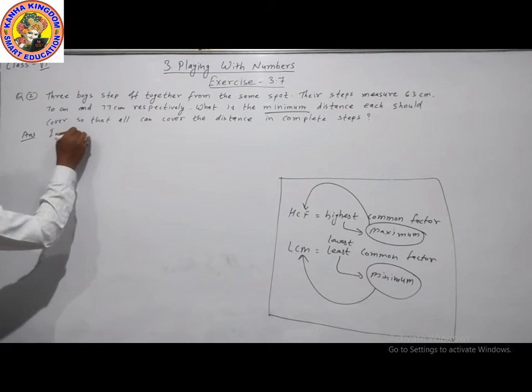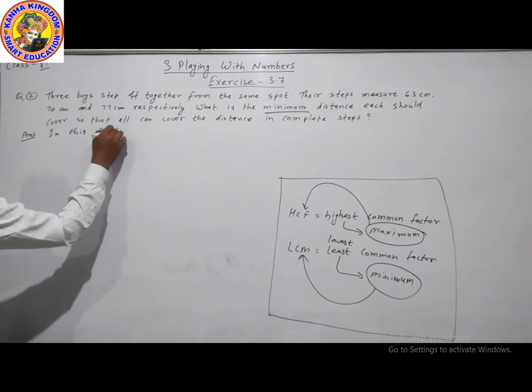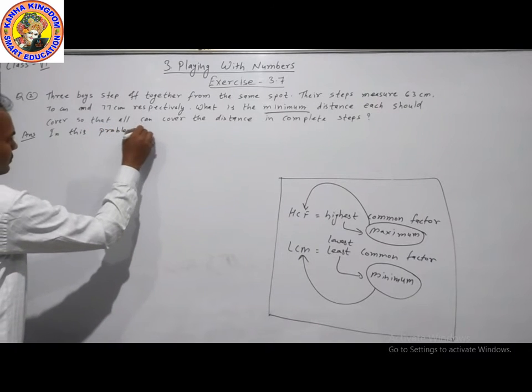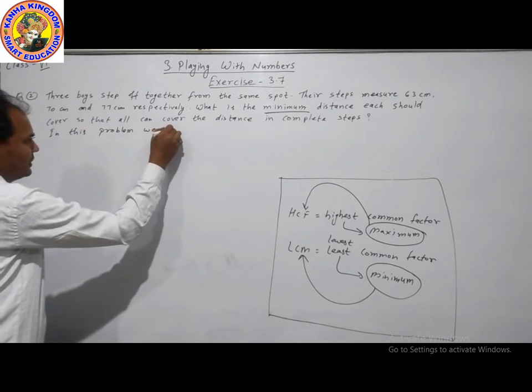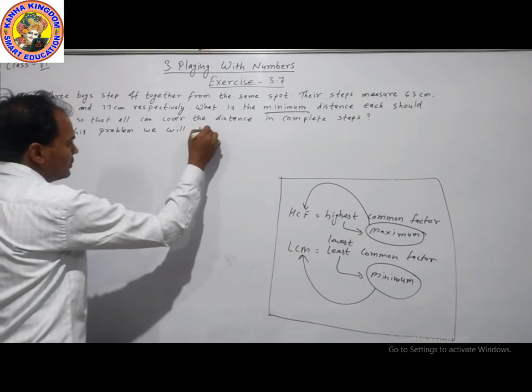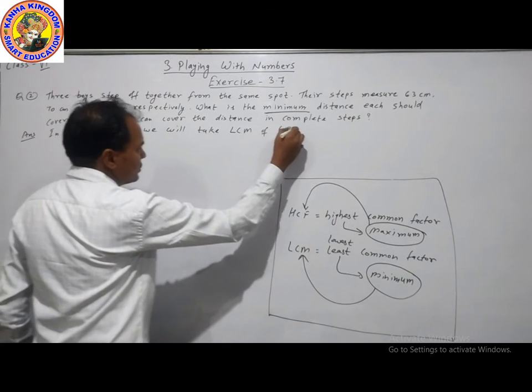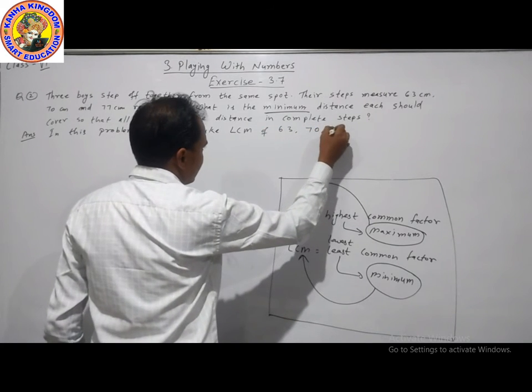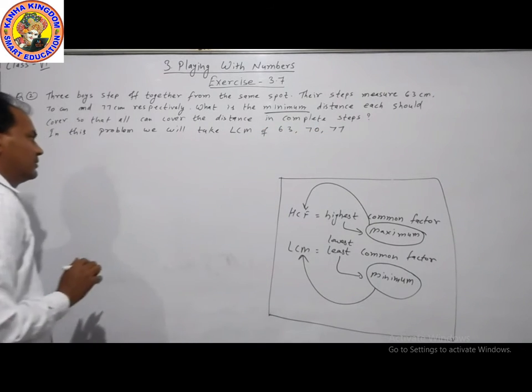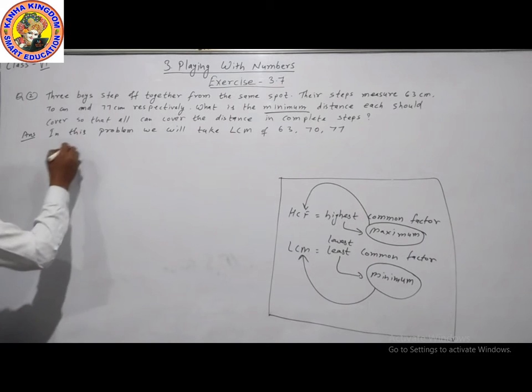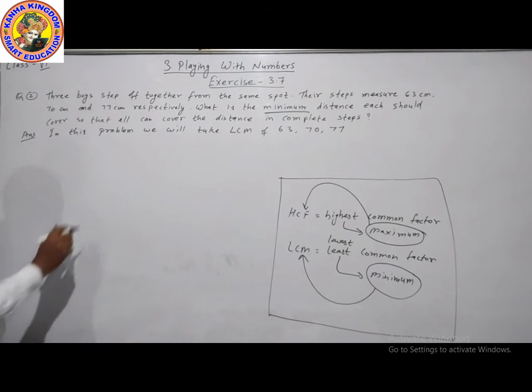In this problem, we will take LCM of 63, 70 and 77. Now find factors of them.